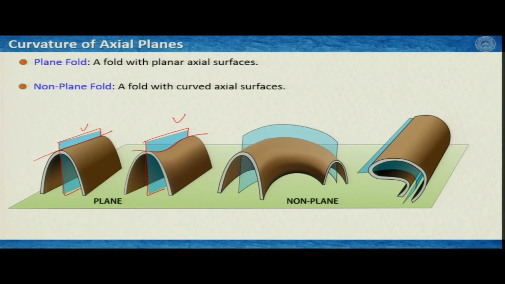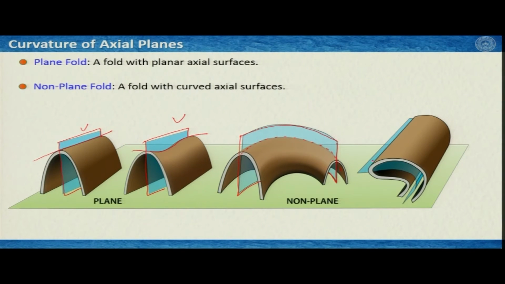The same logic applies to the non-plane fold. The fold could be cylindrical or non-cylindrical in producing a non-plane fold. What we see here is the fold axis we saw in the last slide. This is your fold axis which is curved, and the axial plane is also curved. So, this is a non-plane fold.